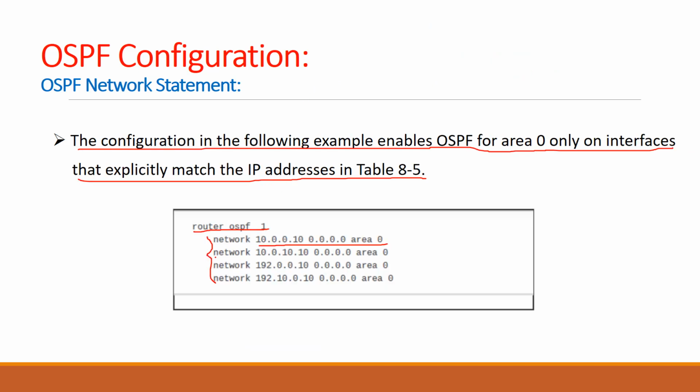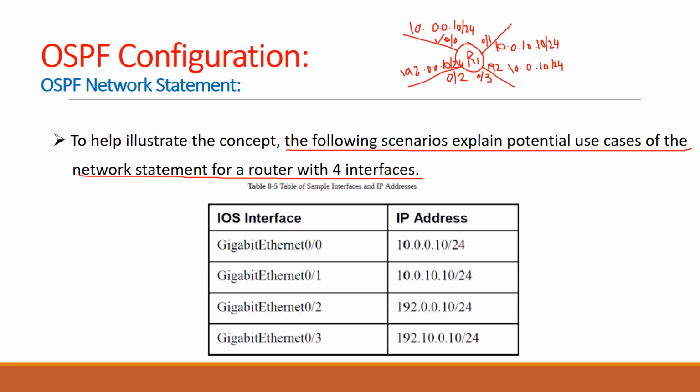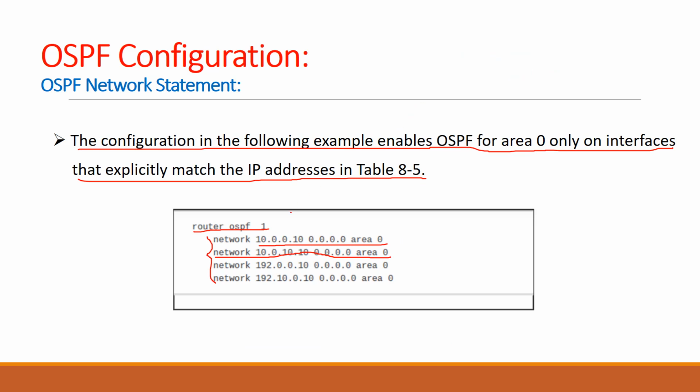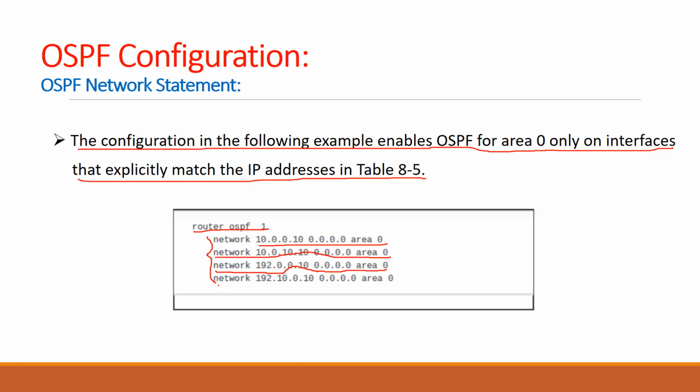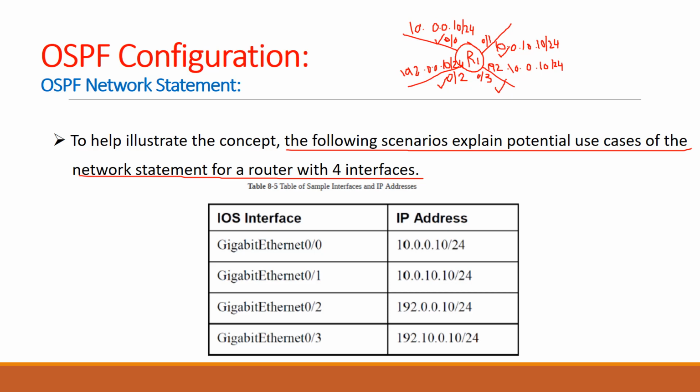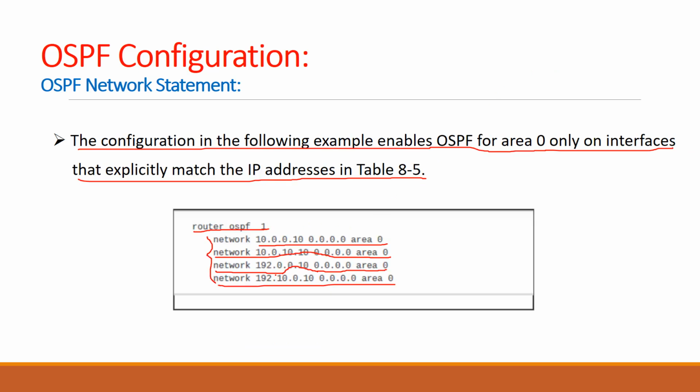The second network statement enables OSPF on that interface. The third network statement, which uses the exact IP address with wildcard mask zeros, will enable OSPF on that interface. And the last network statement will enable OSPF on that interface. So we used 4 network statements.